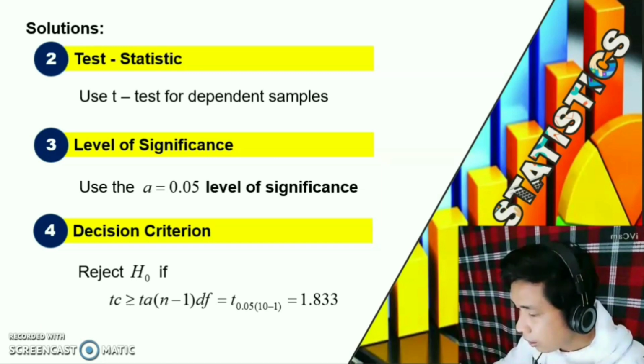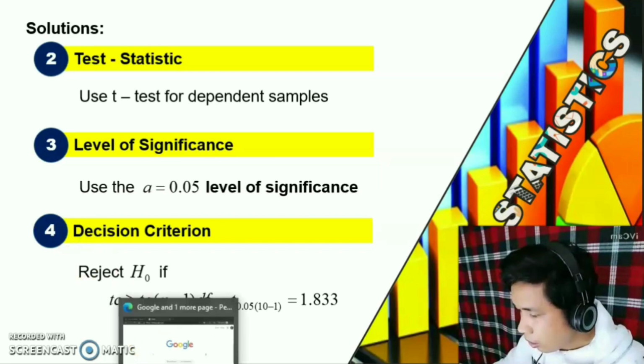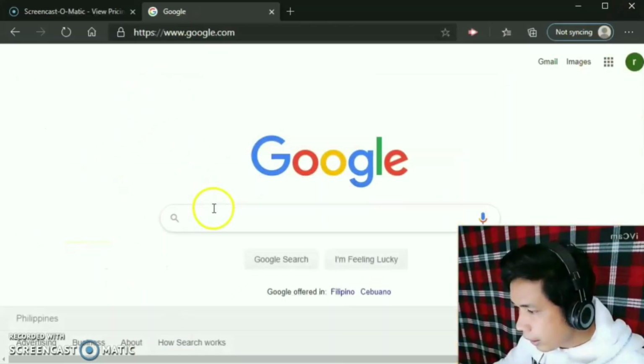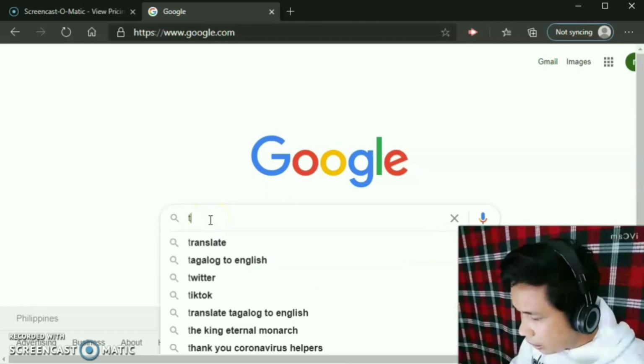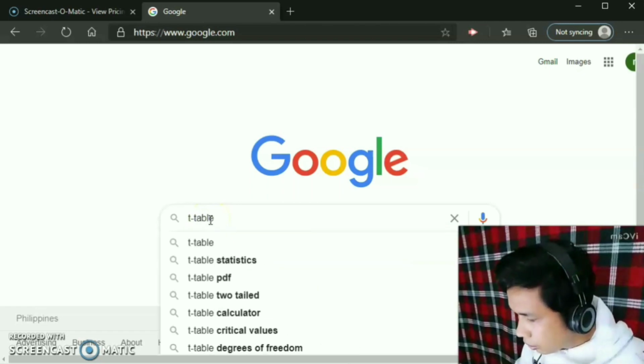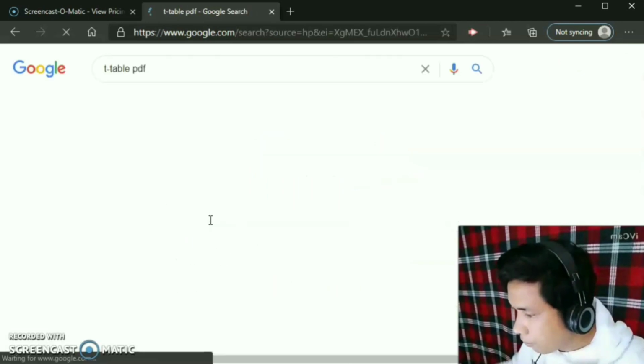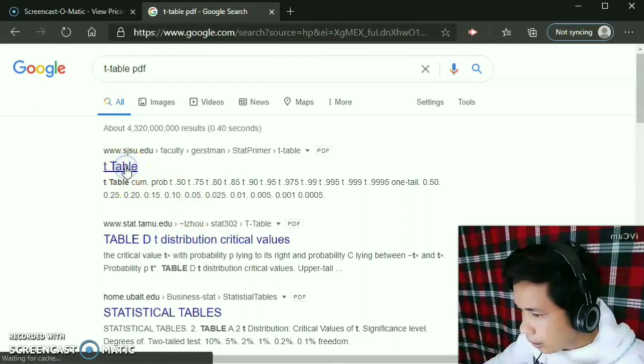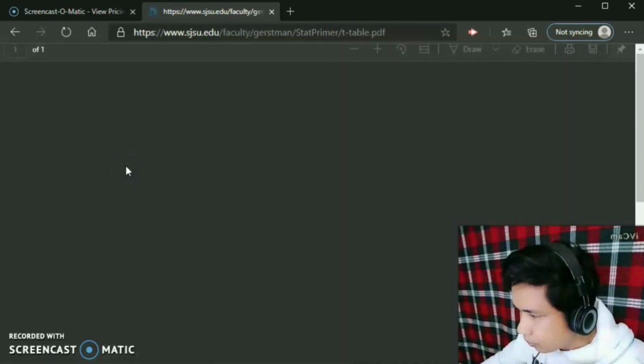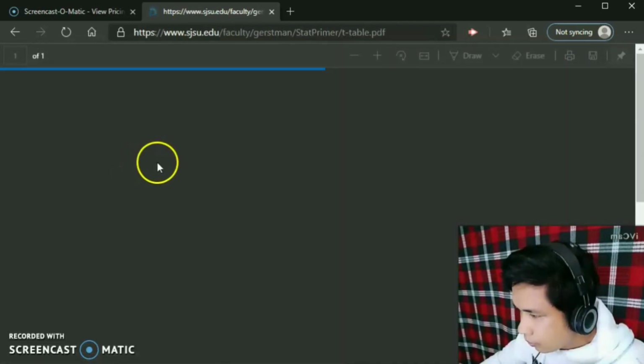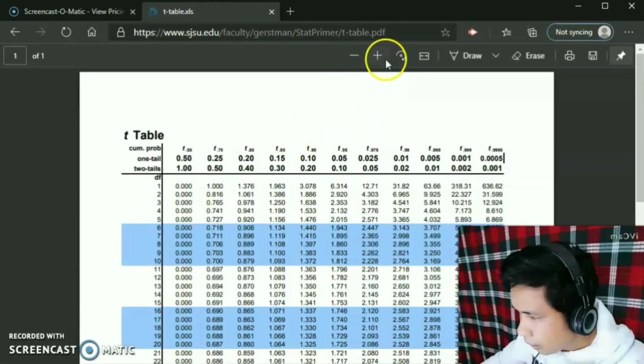We will be using now the T table. We will open the internet, and on Google, we type the T table PDF, click, and here it is.